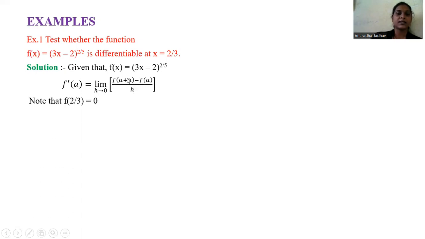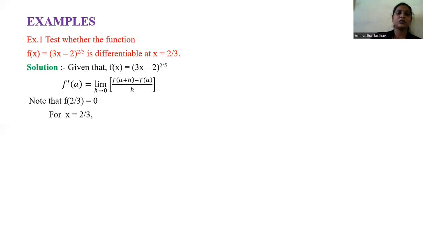Here x is replaced by a plus h. Note that f of 2/3 is equal to 0, because here put the value of x is 2/3, the 3 cancels, 2 minus 2 is 0, and 0 raised to 2/5 gives 0. Therefore, f of 2/3 is equal to 0.